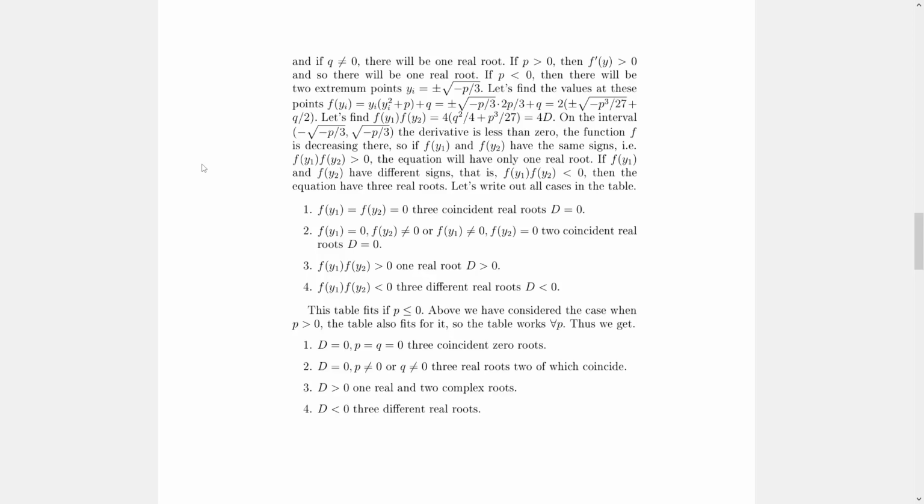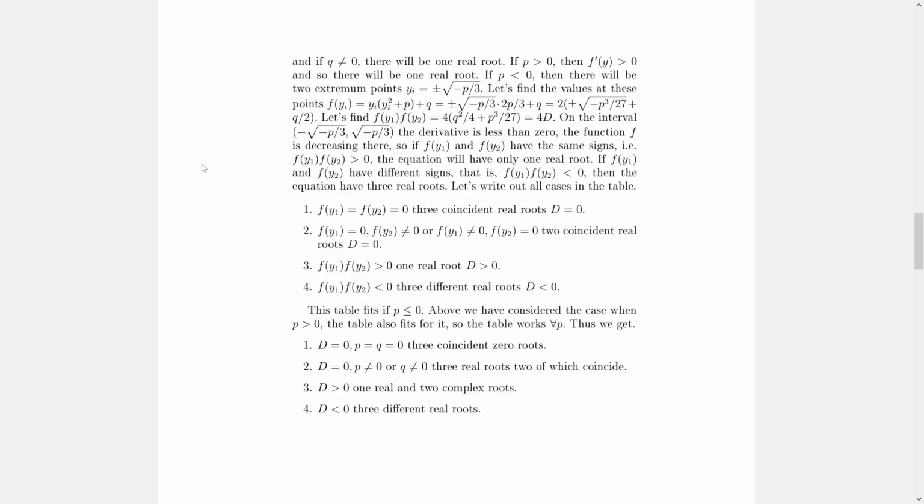On the interval from minus the square root of minus p divided by 3 to the square root of minus p divided by 3, the derivative is less than 0. So the function f is decreasing there.